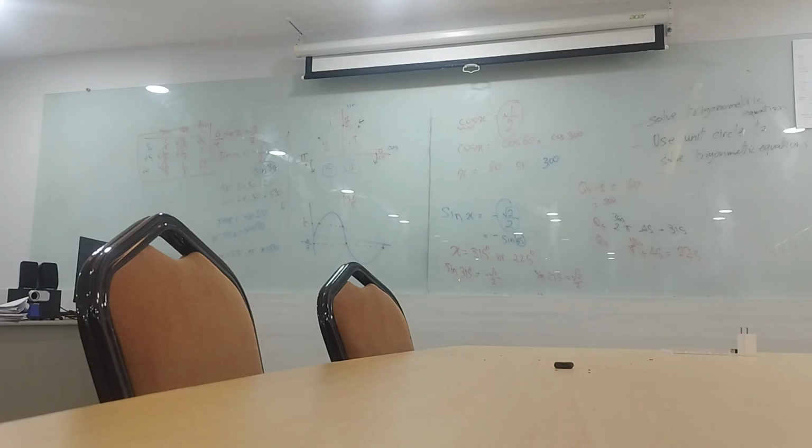What's left? Sine. Here you cannot divide because this could be 0. You cannot divide by 0. And now I have to answer cosine theta equal to 0. Find the answer. And sine theta minus 1.